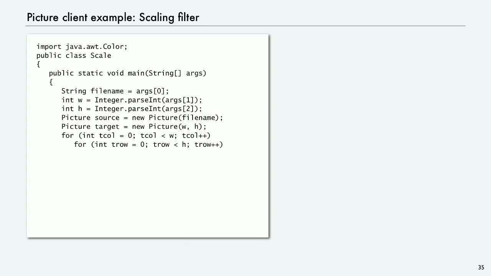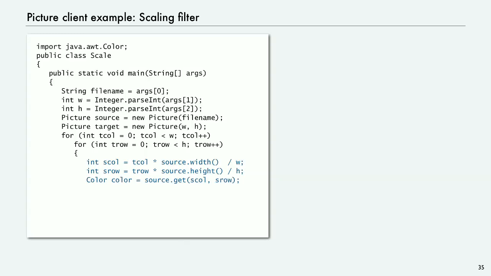Now for every pixel in the target, we want to figure out where we're going to have to go in the source to get a pixel that's close to where it should be according to the scaling. So we'll get some column and some row in the source, get the color of that pixel, and then set our target pixel to that color. That way we've got a good color for every target pixel.